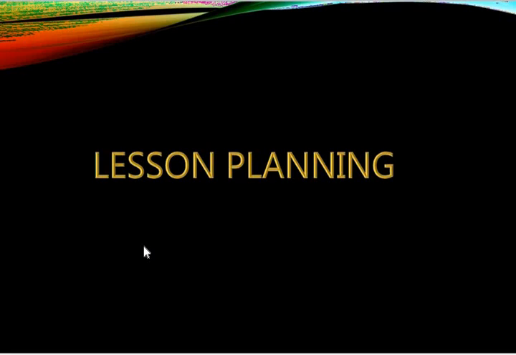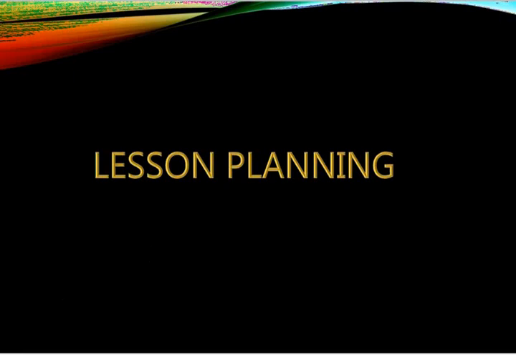Not only this, we have discussed one by one how to plan a lesson for the reading skill, how to plan a lesson for the speaking skill, how to plan a lesson for the writing skill and how to plan a lesson for the listening skill. For this purpose, you were given different assignments for improving your skill, for further practice.